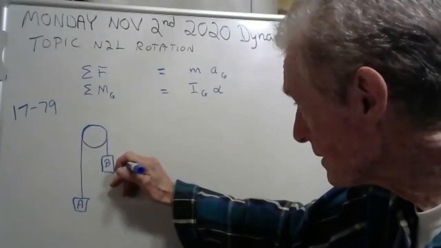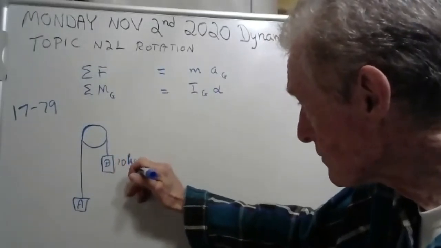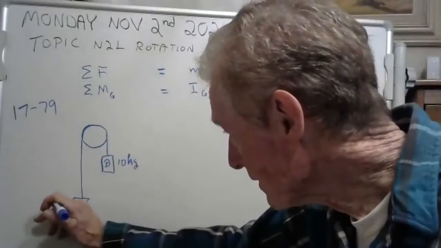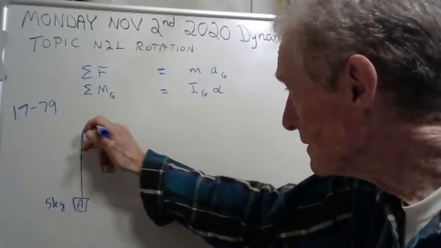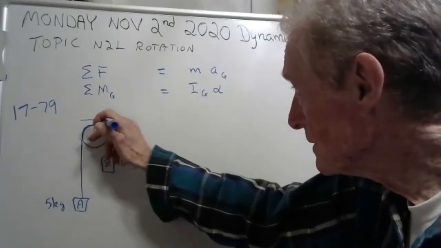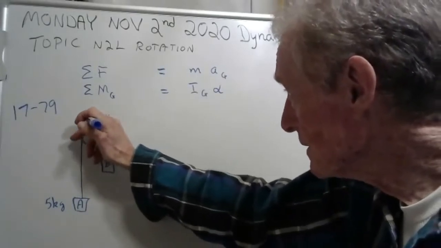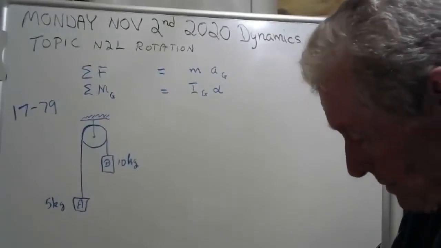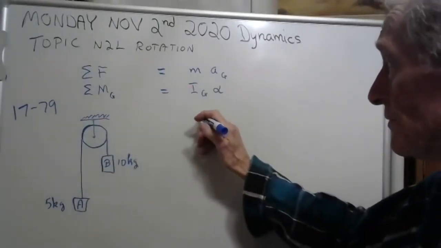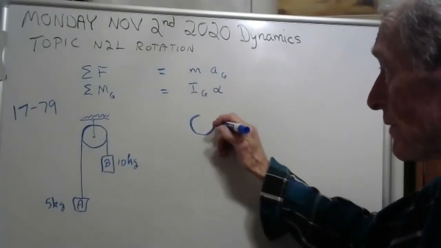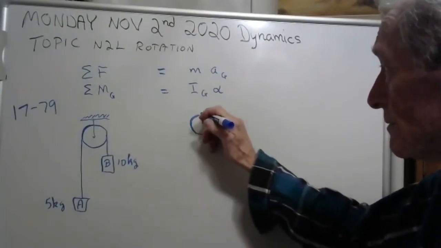B is 10 kilograms, and A is 5 kilograms. All right, now there's our diagram. Now we're going to make another diagram for the right side of Newton's second law.